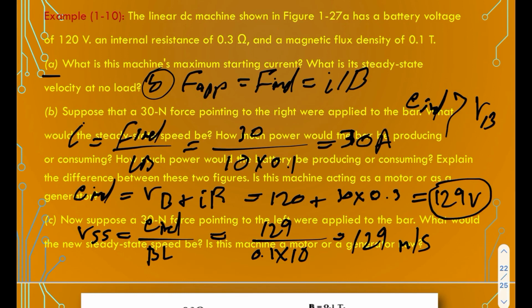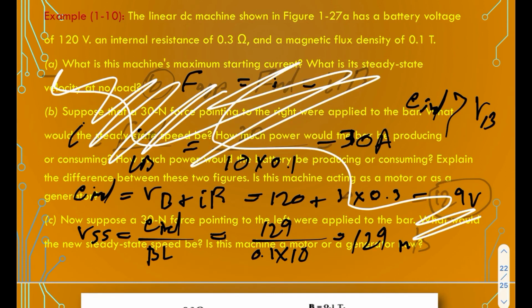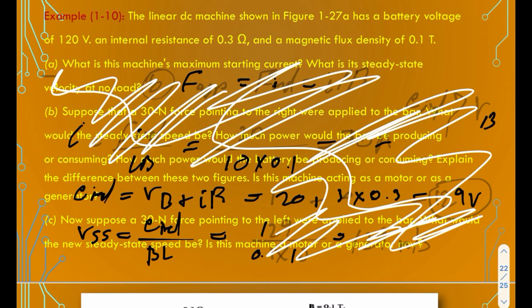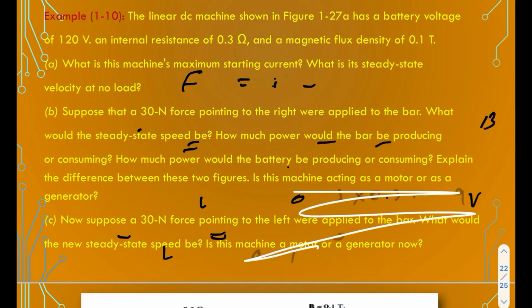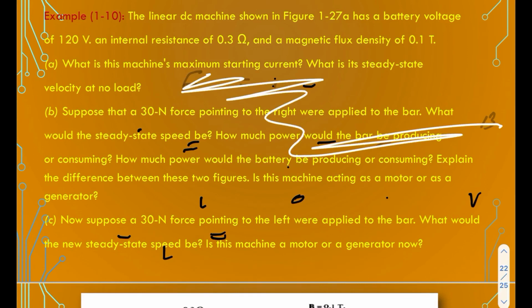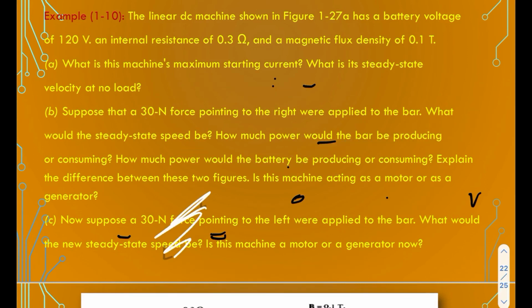Let's now come to part C. It will be the same procedure, guys. We'll follow the same steps here. Now suppose a 30 Newton force pointing to the left were applied to the bar.